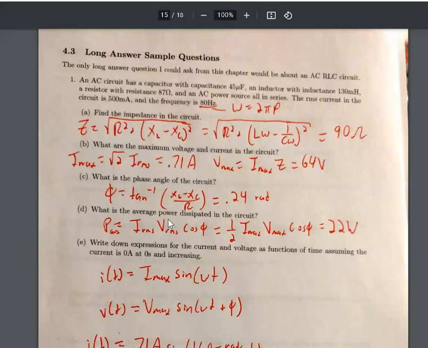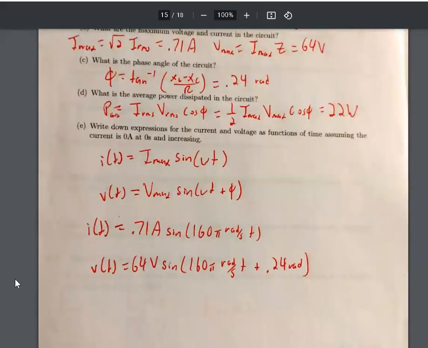The RMS voltage is the maximum voltage divided by the square root of 2. So this is the same as half, there's a square root of 2 from each of these, which multiply to be 2, times the maximum current, the maximum voltage times the cosine of our phase angle here. So we found these things up here. So it goes in here, and our phase angle is 0.24 radians. That's what goes in here. So that gives us a total average power of 22 watts.